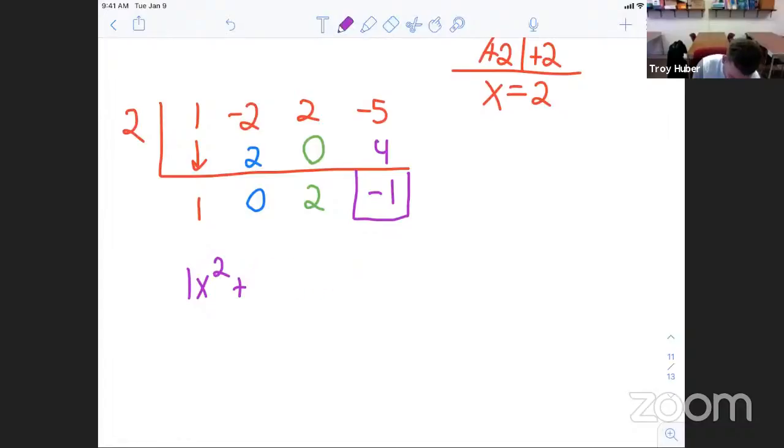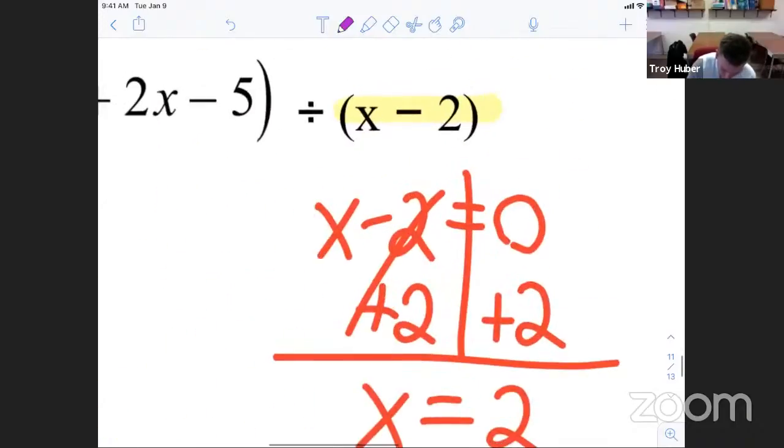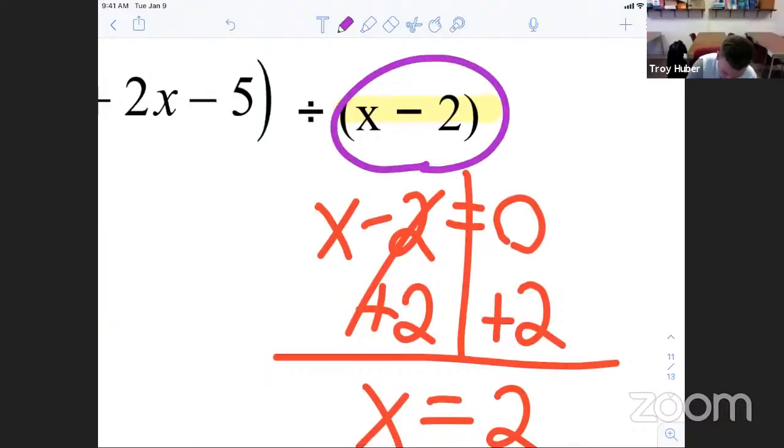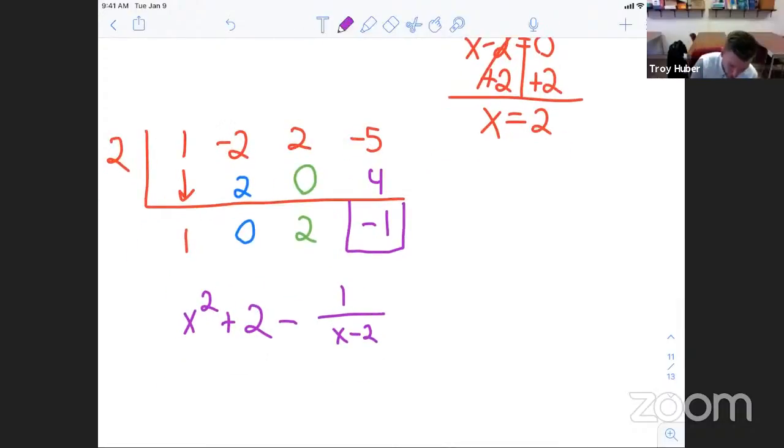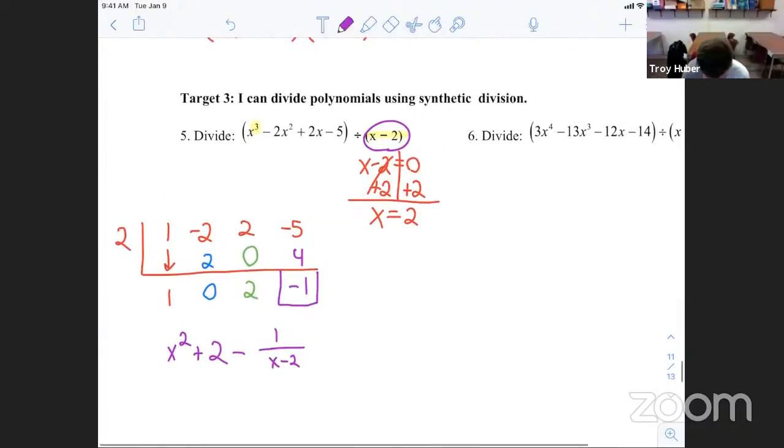So we could just write plus 2. Minus whatever your remainder is. See how it's negative? That's why I did minus over whatever your divisor is. So see our divisor here is x minus 2. So I'm just going to write x minus 2. And this would be our solution here.